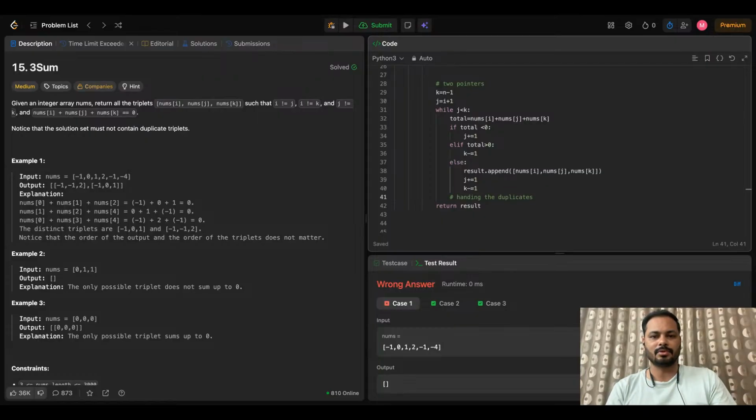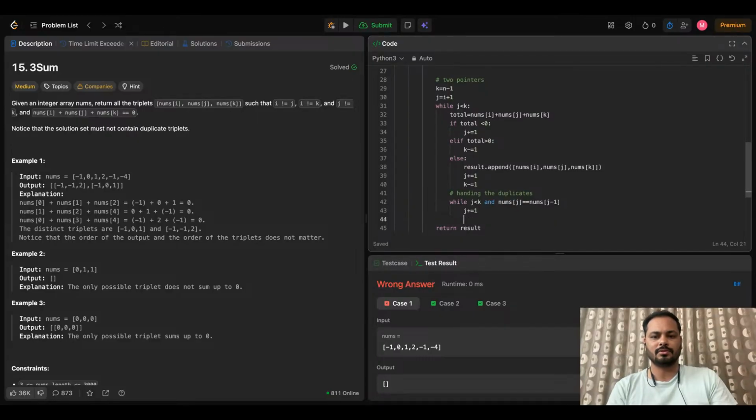So every time, handling the duplicates: I do while j is less than k and nums of j is equal to nums of j minus 1, then it will do j plus equals 1.